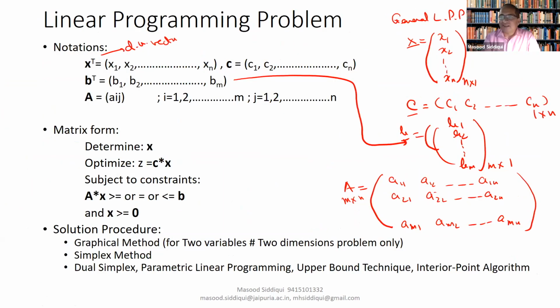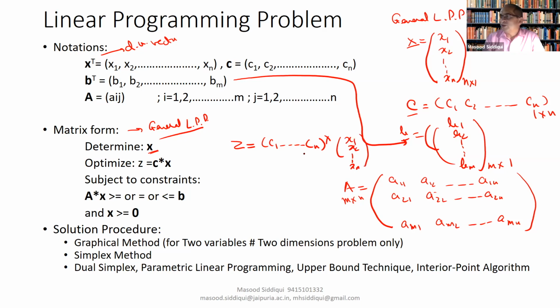So in the matrix form, we can write our general LPP form like this. Our purpose is to determine the X vector, meaning we want to determine the decision variables X1, X2, Xn. Then Z is C1, C2, Cn multiplied by X1, X2 up to Xn.